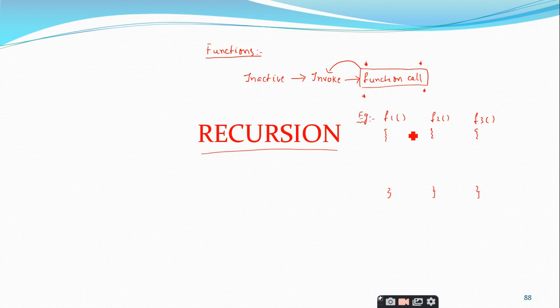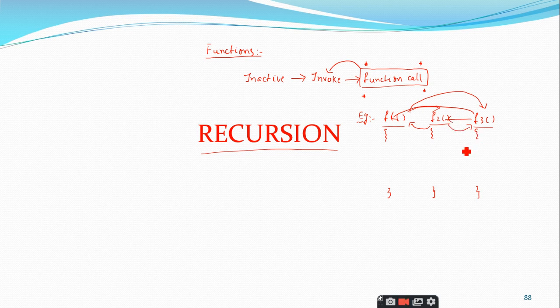We also know that a function can call any other function any number of times. So function f1 can call f2 any number of times. Similarly, it can call f3 any number of times. And f2 can also call f1 any number of times and it can call f3 any number of times. Similarly, f3 can call f1 any number of times and it can call f2 any number of times.